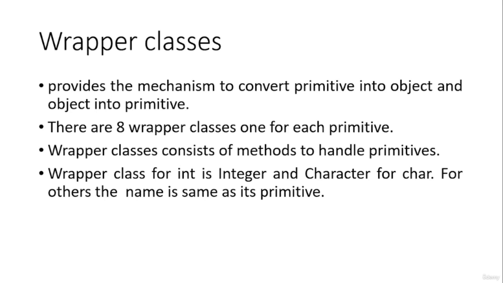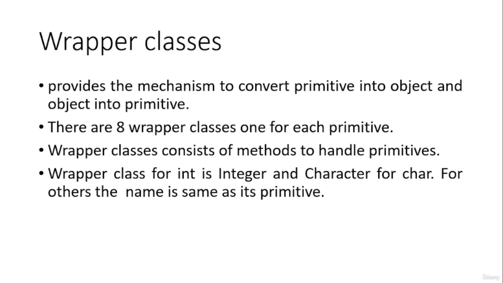Examples of wrappers: for boolean it's Boolean, which starts with a capital letter because it's a class. Similarly, for int the wrapper is Integer, and for char it is Character.